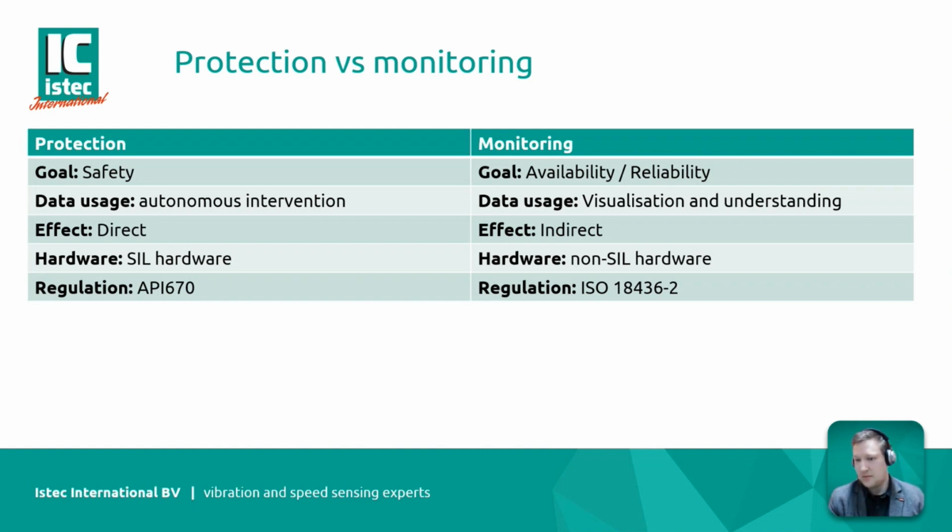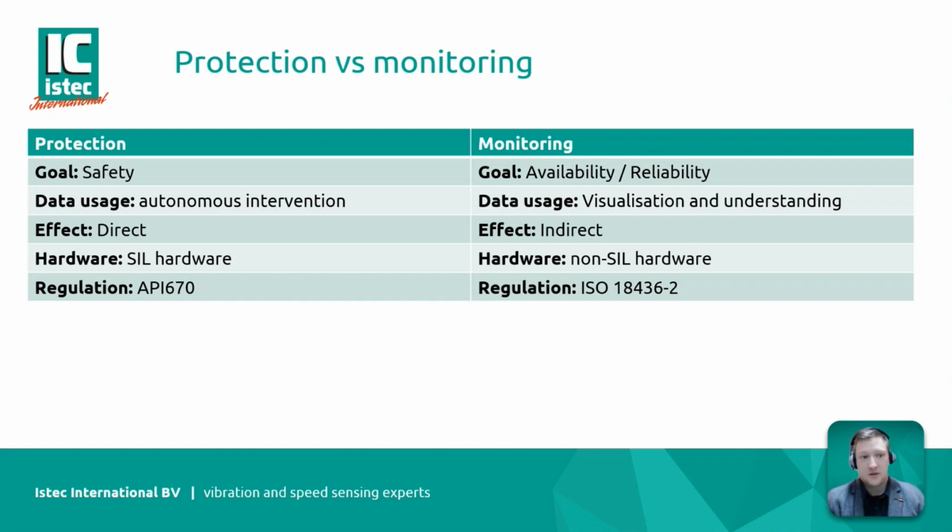Prevent severe machine damage. Prevent loss of life. Monitoring has quite a different goal: maintaining availability and reliability of the machine. Those are two completely different goals, but they use the same data.